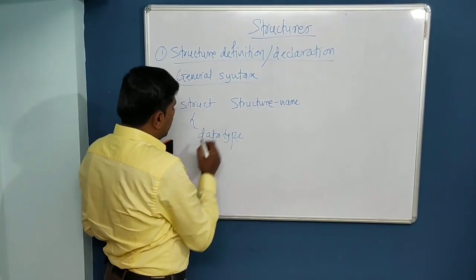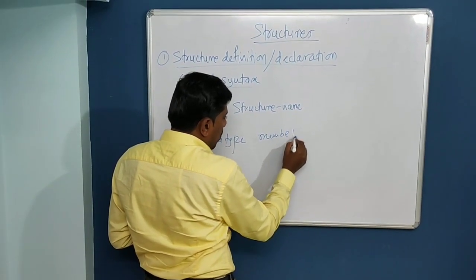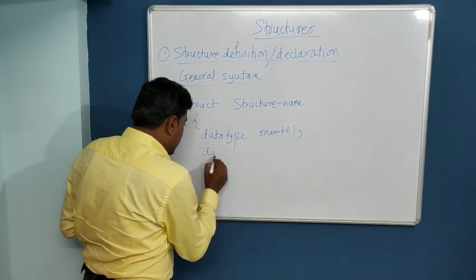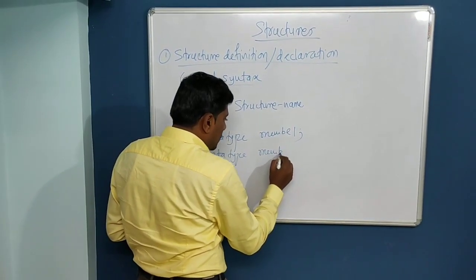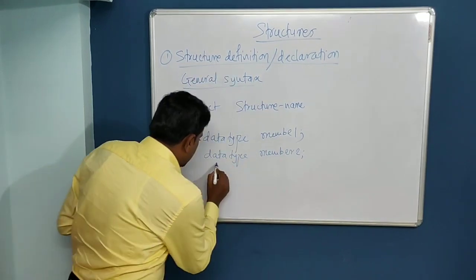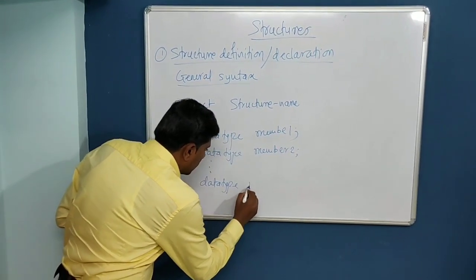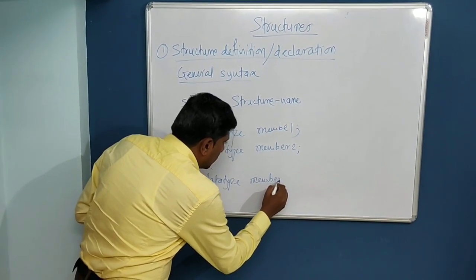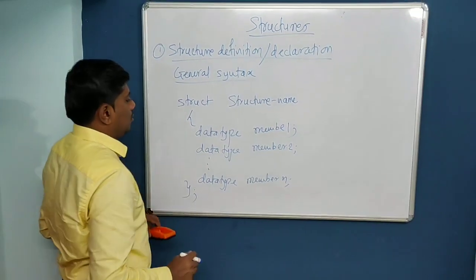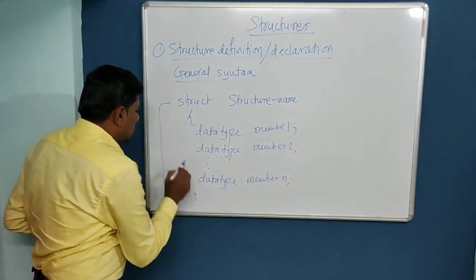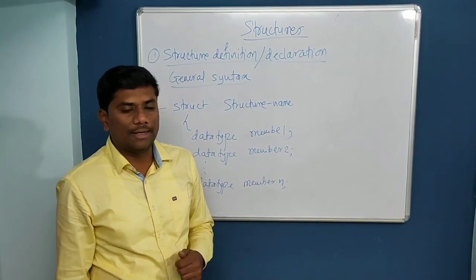Inside the curly brace there is a data type, then member 1, semicolon, then data type, member 2, and so on, then data type, member n, and then the ending curly brace and then a semicolon. This is the general syntax of structure definition or structure declaration.